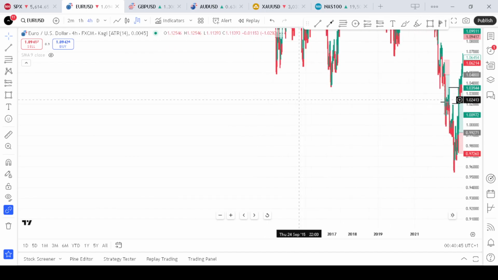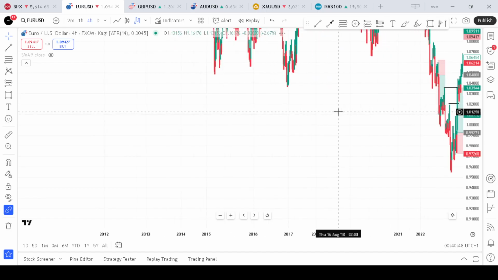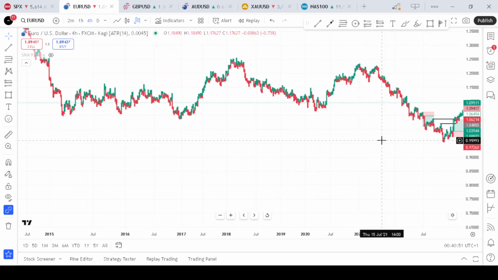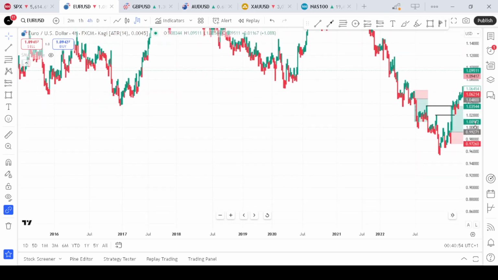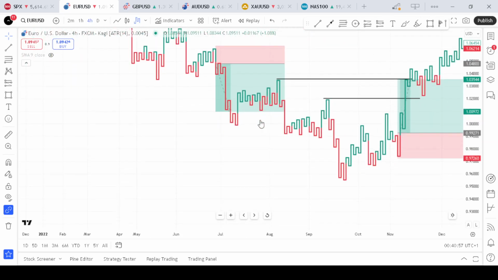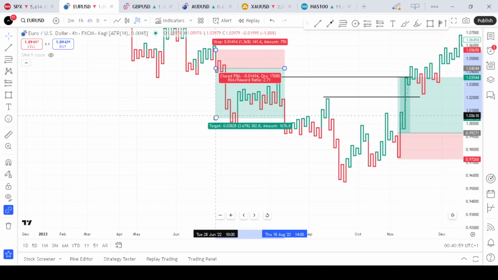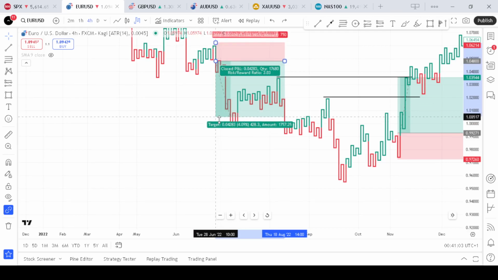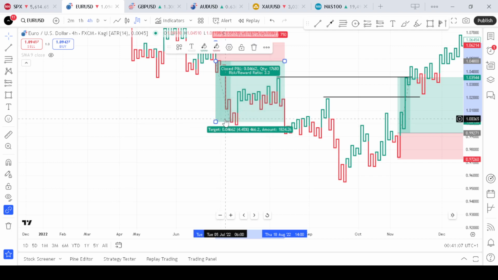If we do not see a swing high that is far back in time, we can basically go for a fixed risk to reward of 1:2 or 1:3. This is what we can go for to help us set our take profit at this area.